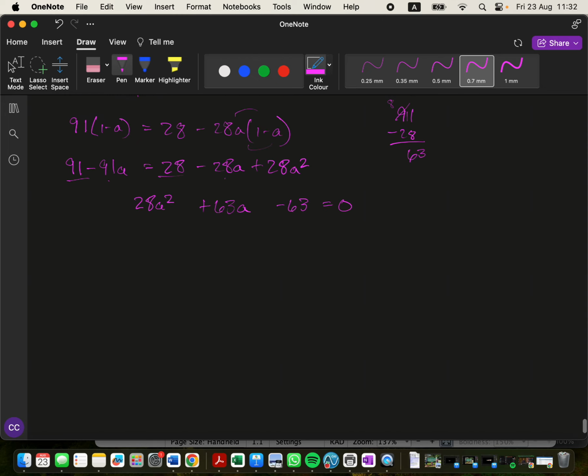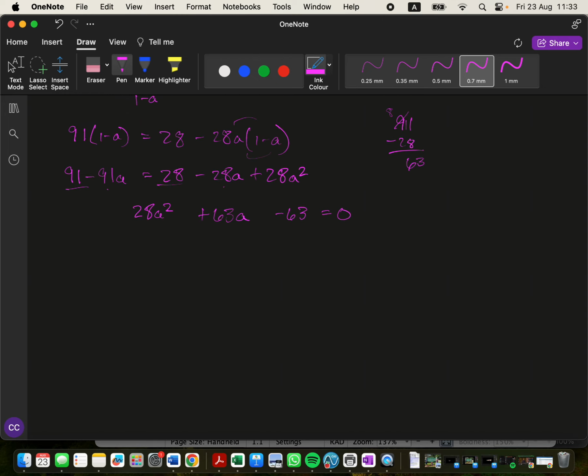All right, so I just got to solve this. So solving this, those are all divisible by 7. So if I divide out 7, I get 4A squared plus 9A minus 9.